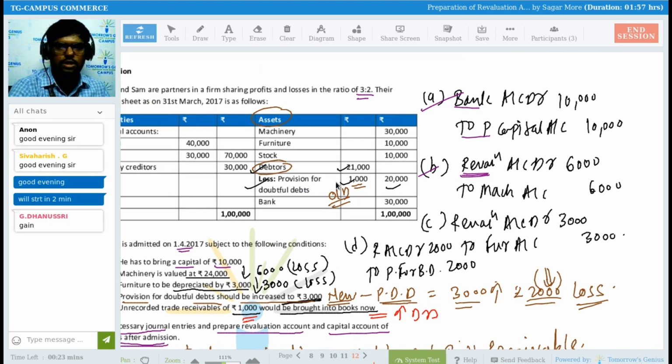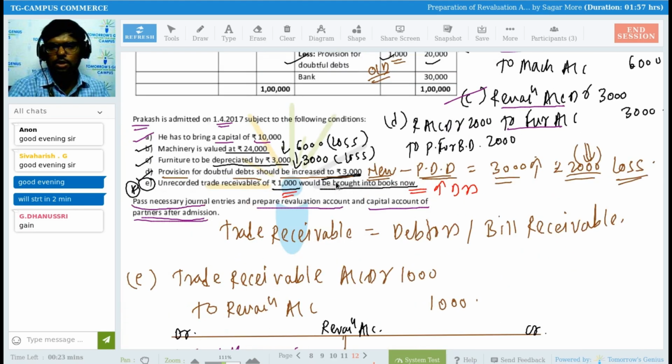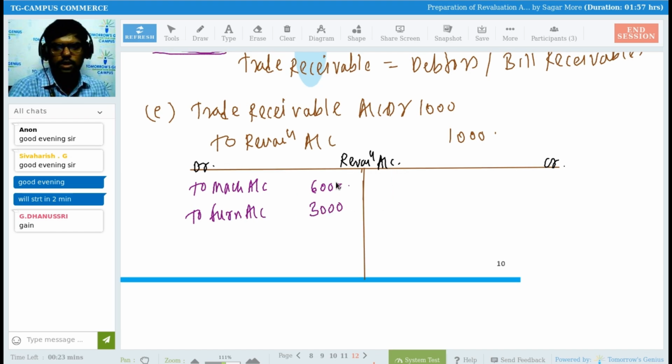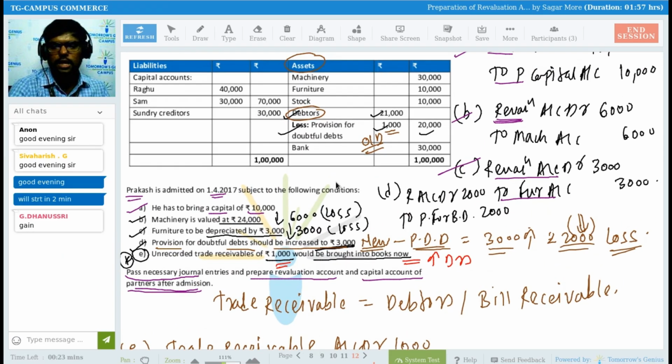After B, C is there. Again, the revaluation account gets debited and furniture account gets credited. So again I need to record on the debit side, right, Sadhna? To furniture 3,000. After that, D entry.